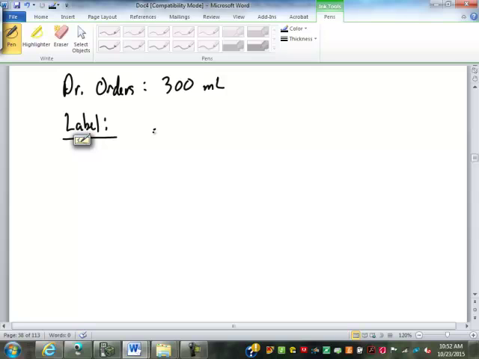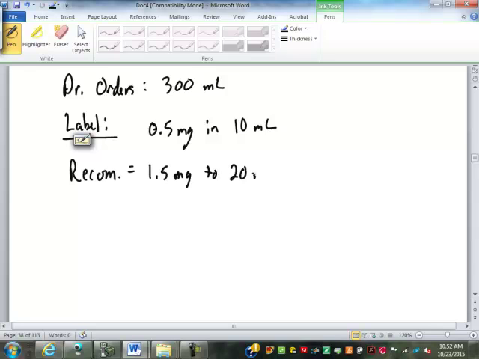On the label, it says that the concentration is 0.5 milligrams in 10 milliliters. And you look up the recommended dosage for patients is 1.5 milligrams to 2 milligrams, 2.0 milligrams per kilogram per day.